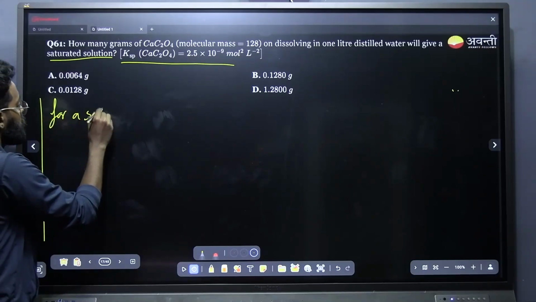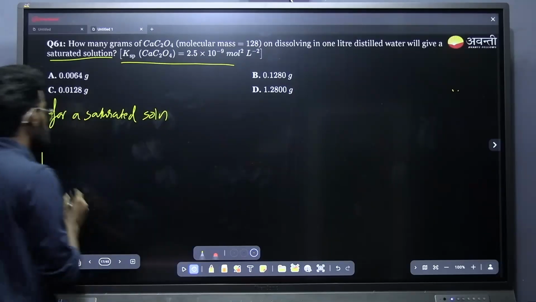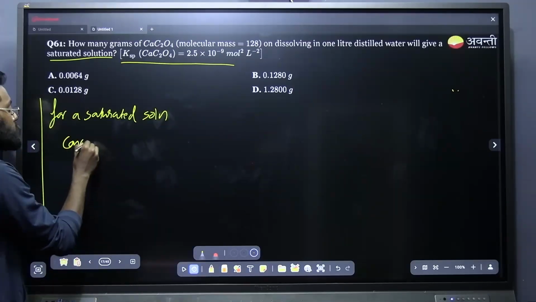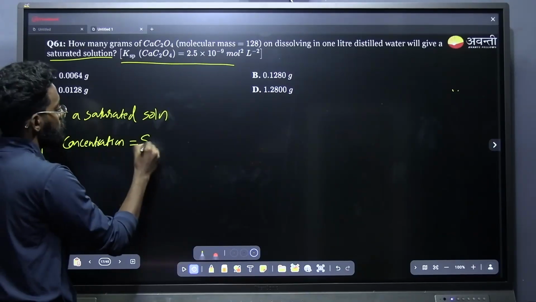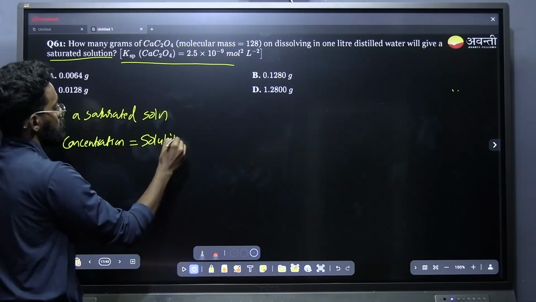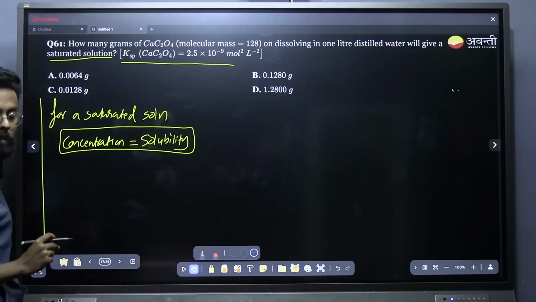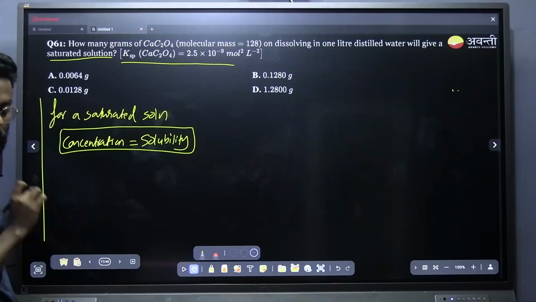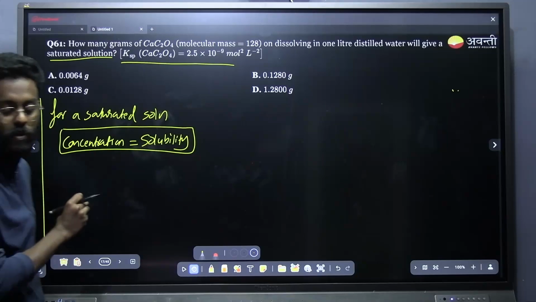For a saturated solution, concentration is equal to solubility. This is the part that I missed in the ionic equilibrium part because of time limitation. Note down the point: for a saturated solution, concentration is equal to solubility.